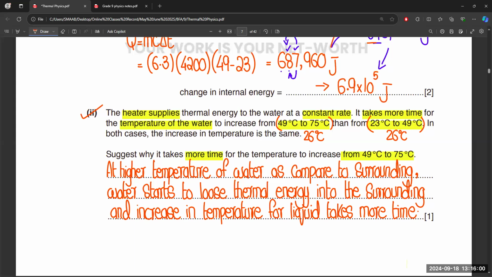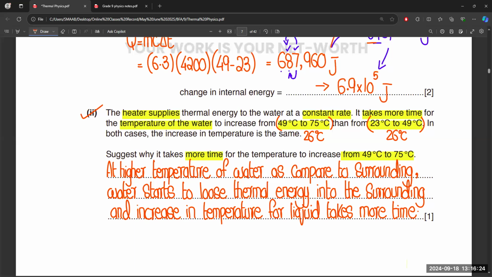So that's why it has to take more energy, more heat from the source to again increase its temperature, right? Basically, it is increasing its temperature by gaining thermal energy and then losing it into the surrounding. But after some time, again, it starts to increase its temperature with the help of thermal energy.